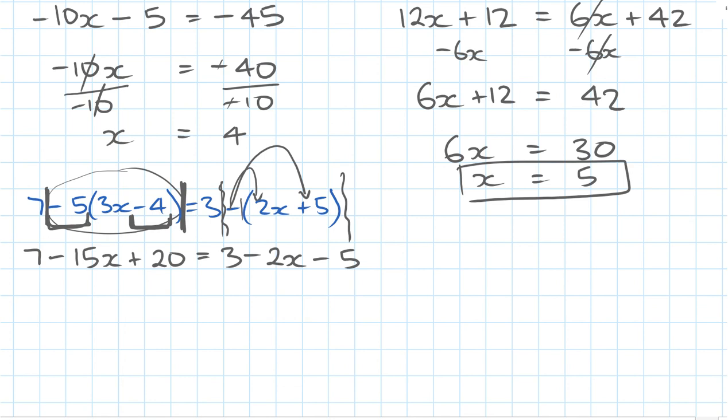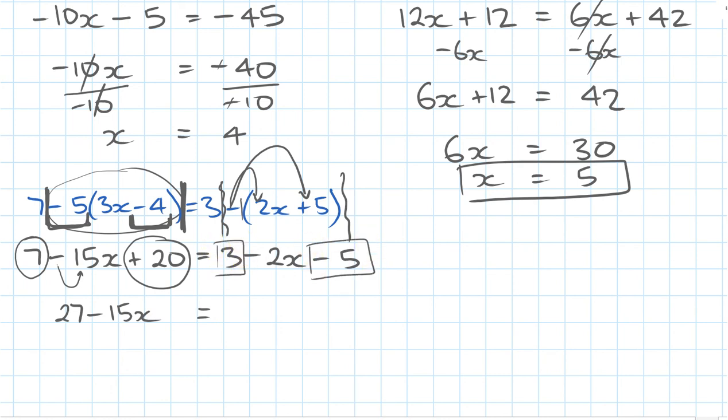Now I'm going to simplify. That minus sign there belongs to the 15x. So I'm going to keep it with that 15x, but you can see we've got a 7 plus 20. So that will give me 27. Just rewrite the minus 15x equals that 3 and that minus 5 can be combined together. So 3 minus 5 gives me negative 2, and then I'm just left with that minus 2x as well.